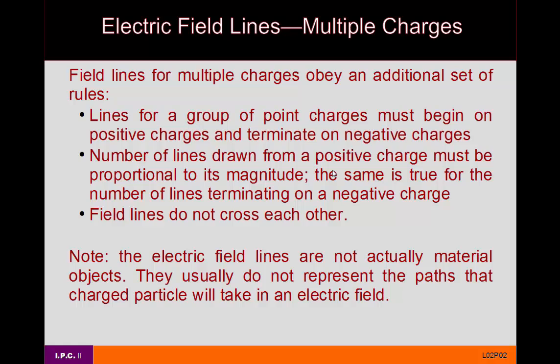If you decide to draw your field configuration so that you have 8 field lines coming off of a point charge of 1 coulomb, then a point charge of 2 coulombs needs to have 8 times 2, or 16, field lines coming out of it. And if it is isolated, those 16 field lines are probably going to radiate with a proportional spread. In other words, the same angle between each line, at least initially.